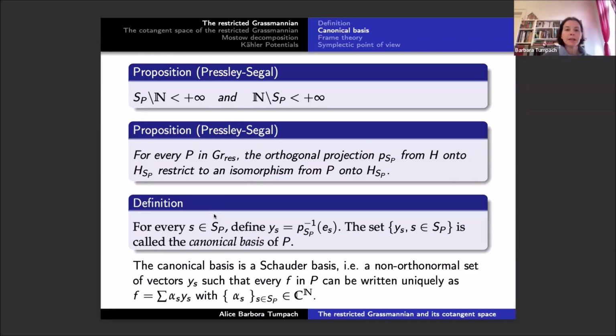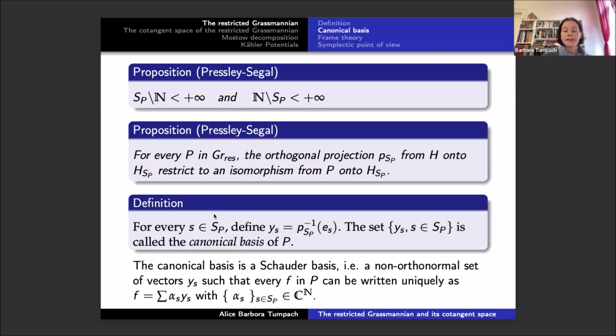So for every P in the restricted Grassmannian, the orthogonal projection PSP from H onto this particular space H sub SP restricts to an isomorphism from the closed subspace P onto HSP. These subspaces HSP usually are used to define charts on the restricted Grassmannian, so you can also understand it like this.